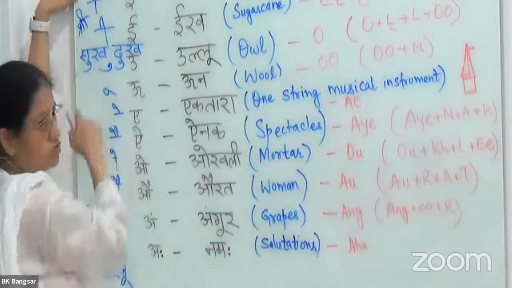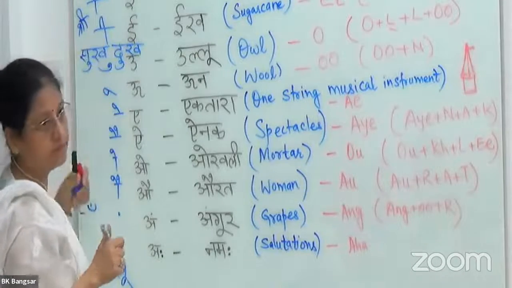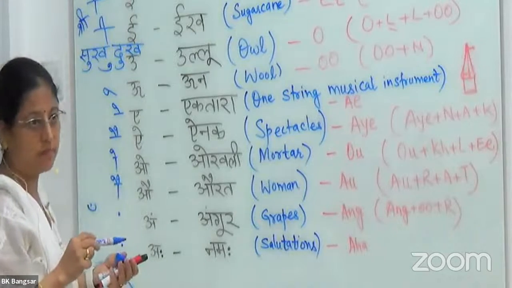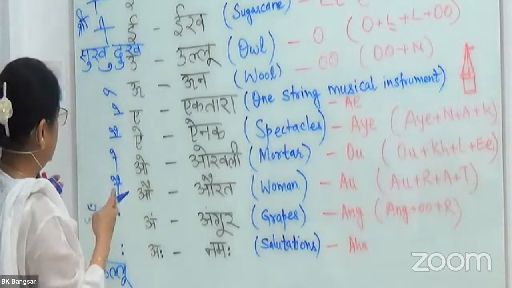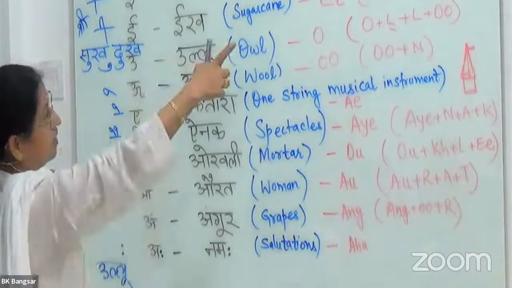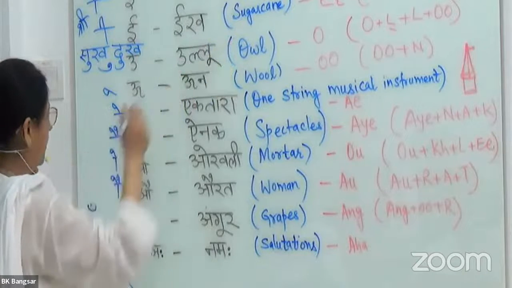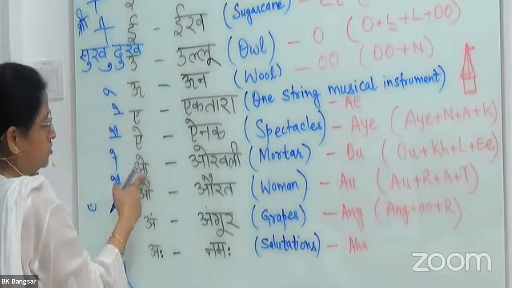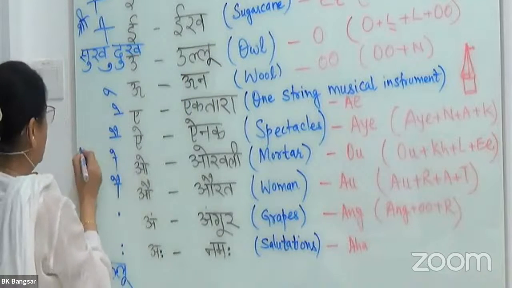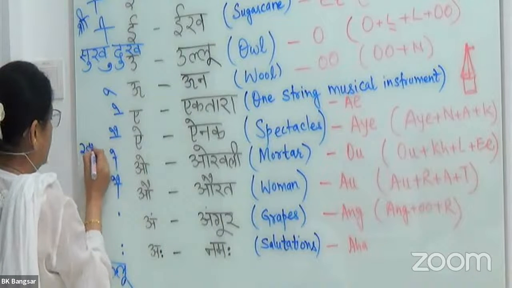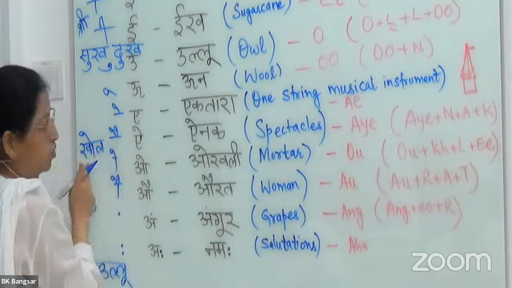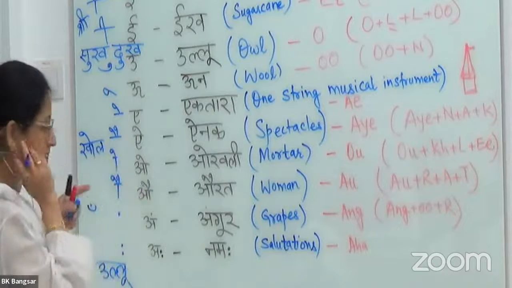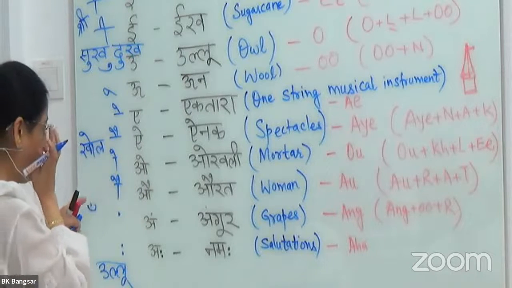It's just a stroke. Then I wrote coal. So it is actually O, right? K, then O, and then L, coal.